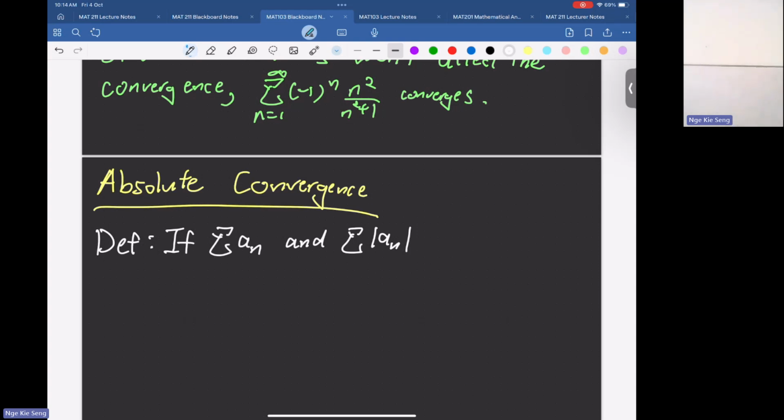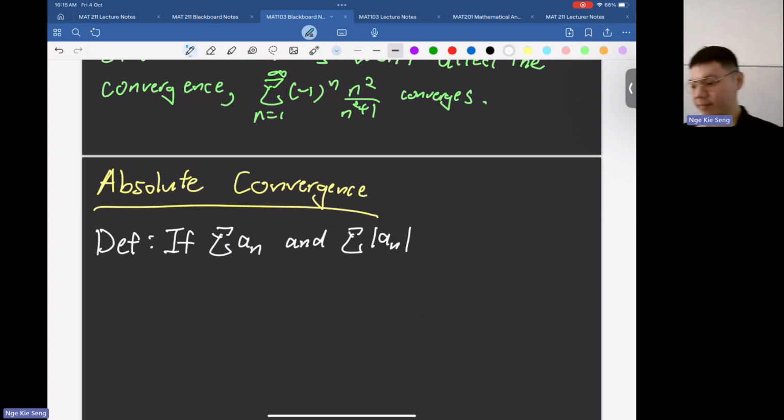You have an an, maybe a sporadic plus minus plus minus, or minus minus minus plus plus minus. But once you put this modulus, what happened? Every term becomes positive. So what do you expect? You should expect that the sum of modulus an might be larger, and asking it to converge is asking too much. So it might be a larger sum than the sum of an.